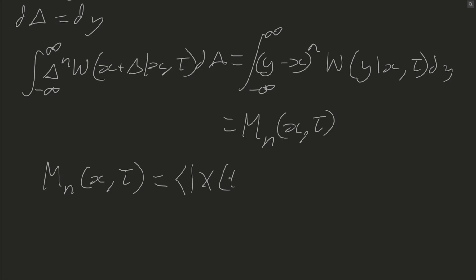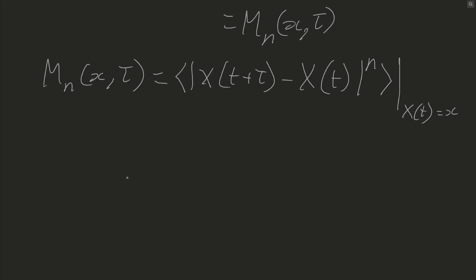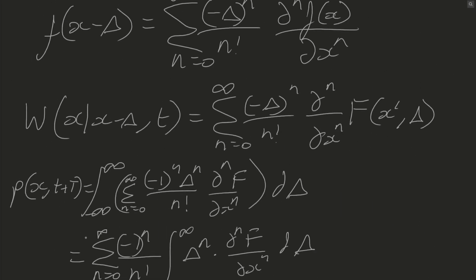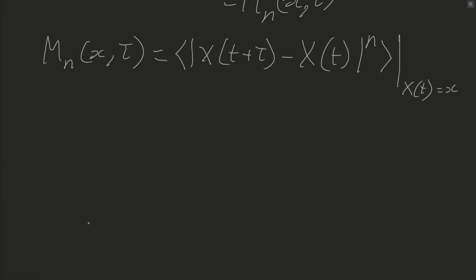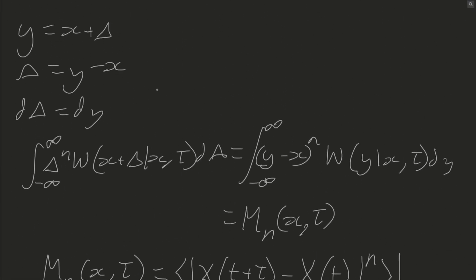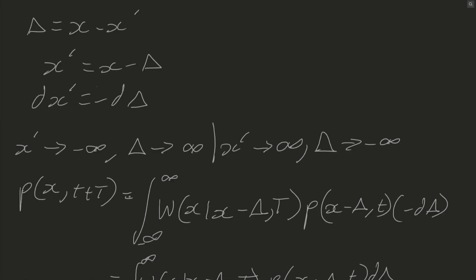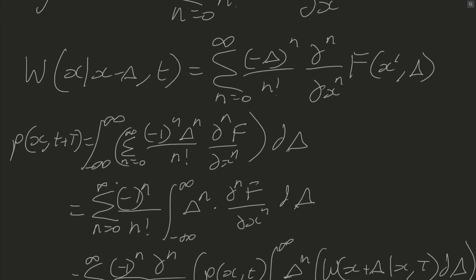Of X of t plus tau minus X of t, all to the n, and X of t at this point equals x, and we can sub this m sub n back into our expression from before. Where is it? There it is.